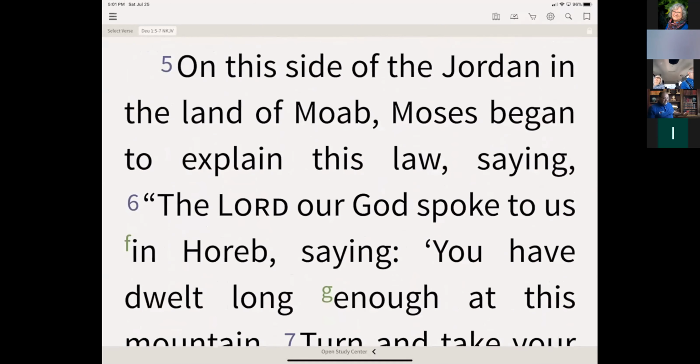For example, this is what it says in verse 5: Moses began to explain this law. Which law is this? There is no single legislation that Moses was explaining.